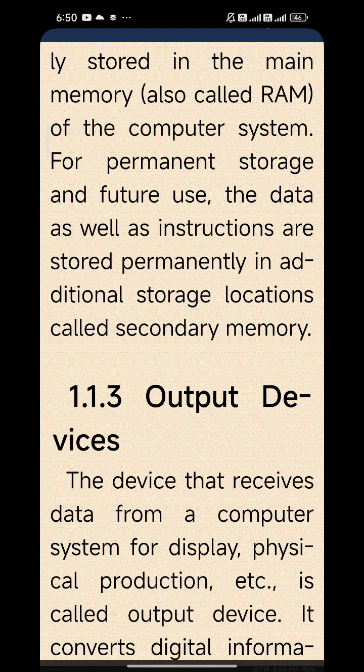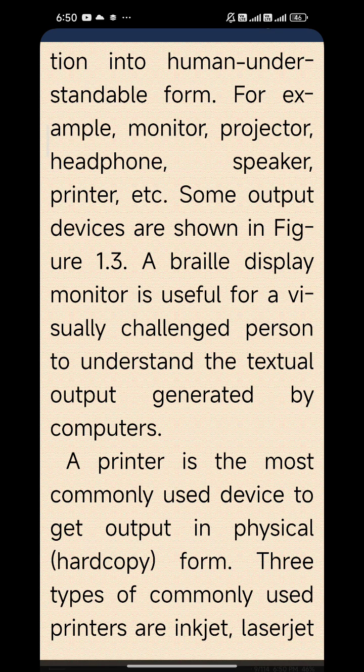1.1.3 Output devices. The device that receives data from a computer system for display, physical production, etc. is called an output device. It converts digital information into human understandable form.